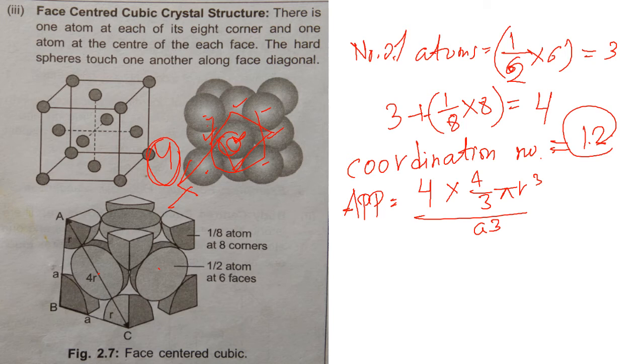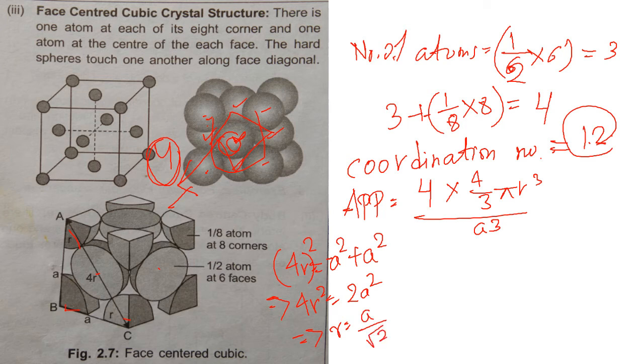You see this diagram, passing a line through the face centered atom: r, 2r and r, meaning 4r. By the Pythagoras theorem of this triangle, 4r whole squared equals a squared plus a squared, so 4r squared equals 2a squared. Then r equals a by 2 root 2.